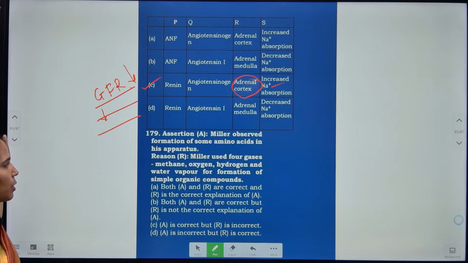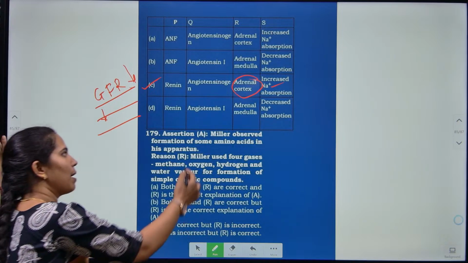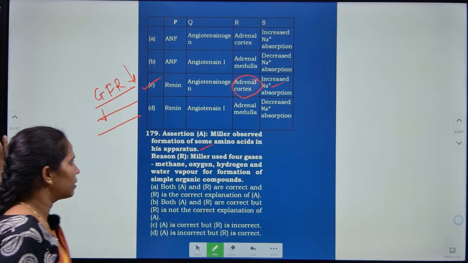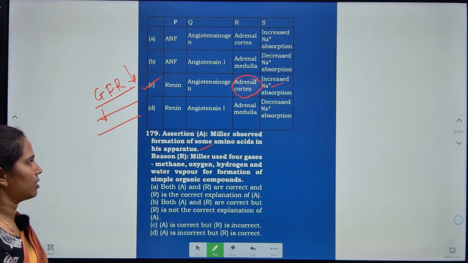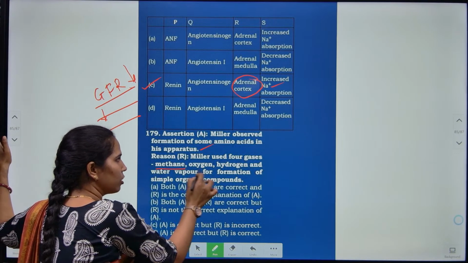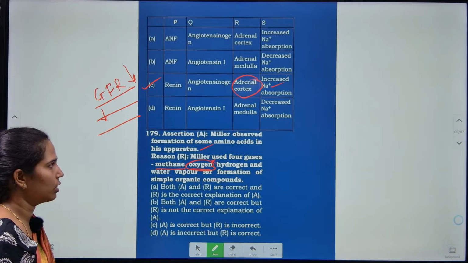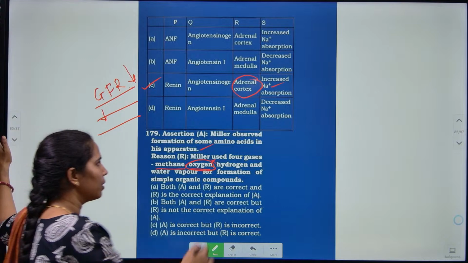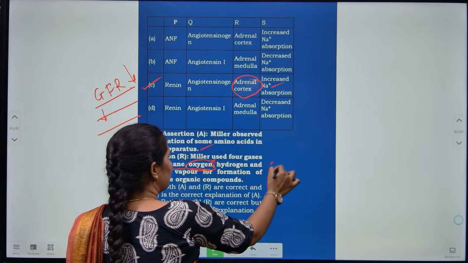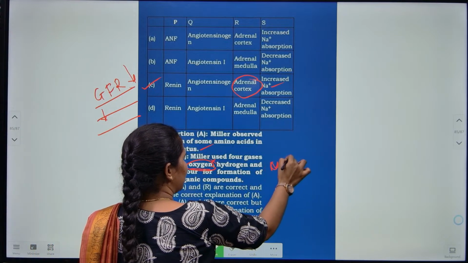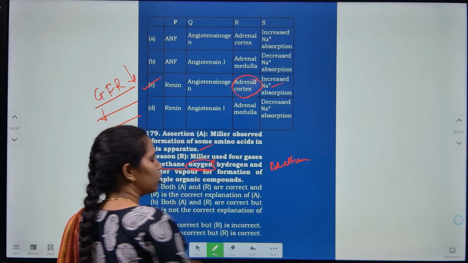Yes, so last but one question. Assertion, that is Miller observed formation of some amino acid in his apparatus. Yes, it is right here. Miller used 4 gases. One is methane, oxygen. Did he use oxygen? Not so. He has not used oxygen. Hydrogen and water vapor. Instead of oxygen, it would be ammonia. So he has used 4 gases.